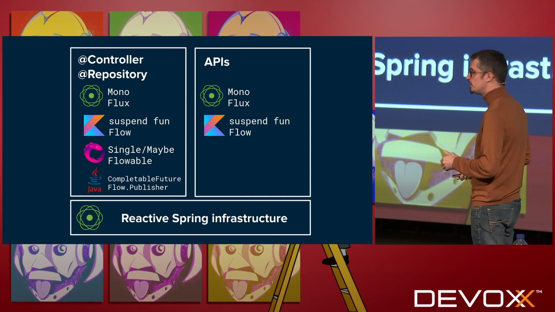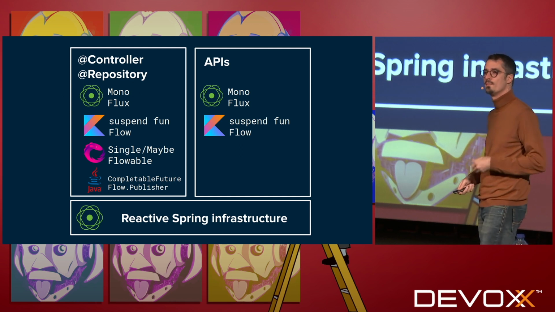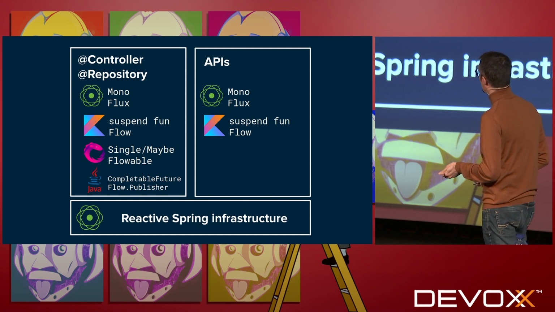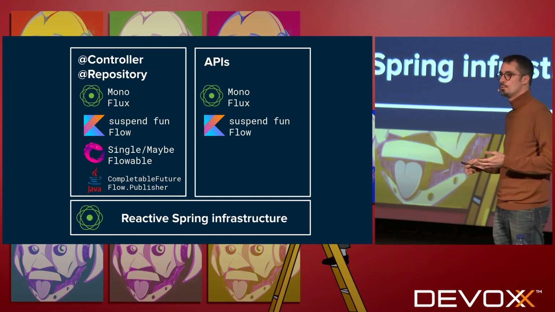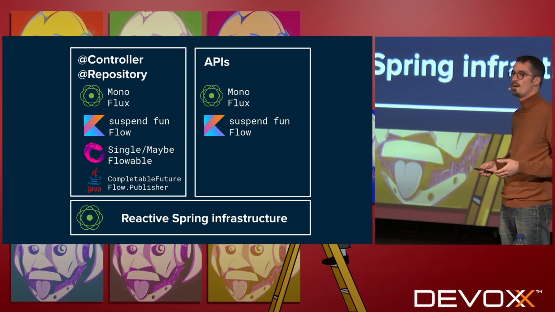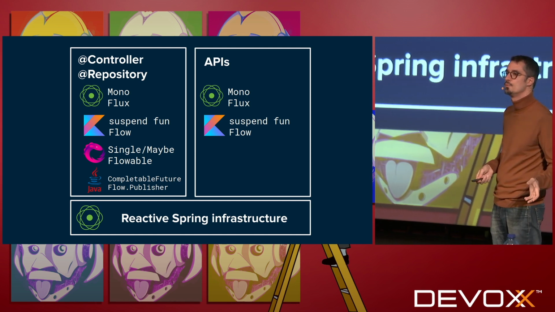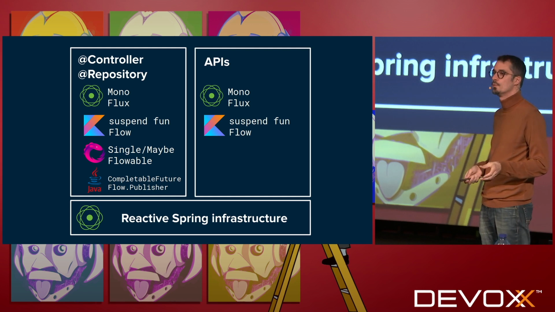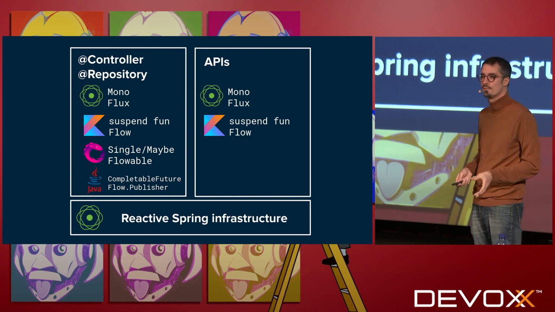But for the API that you are using in your application, you have the choice. With our annotation programming model, it's super easy for us to support various APIs because basically we just have to support the type that you are using as a return value or in parameters of your @RequestMapping endpoint, for example.